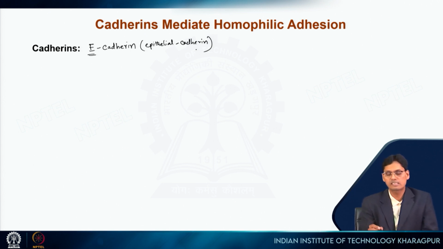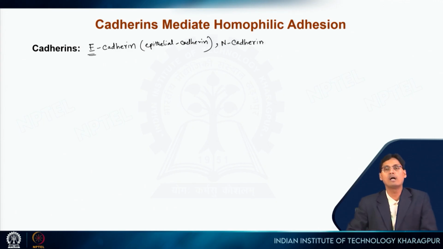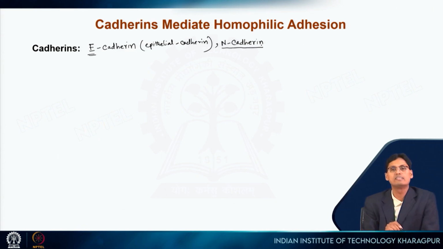Similarly, we have N cadherin, which is mostly found in neuronal tissue, mostly on nerve cell. It is also present in some other tissue, for example, in heart muscle also we have N cadherin, but it was initially discovered in neuronal cell, that is why its name is N cadherin.